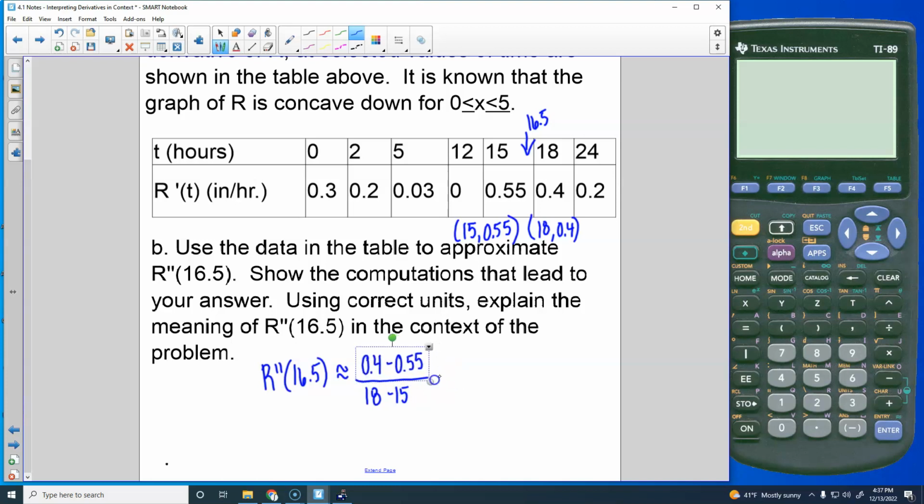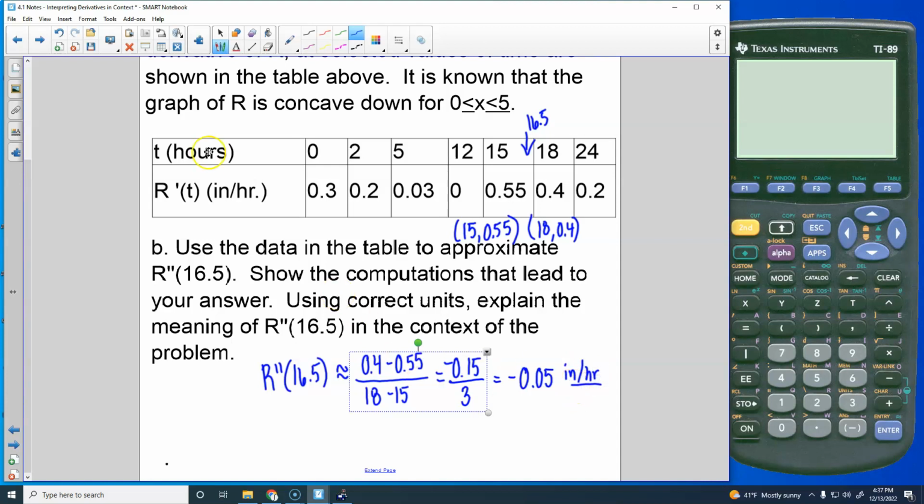That's going to be negative 0.15 over 3, which gives us negative 0.05. If we think about our units here, it's change in y over change in x. So the y in this case would be inches per hour.